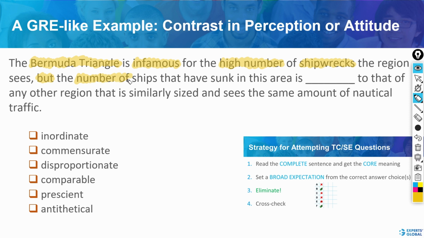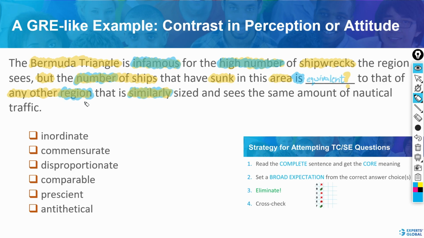The number of ships that have sunk in this area is something similar to that of any other region. So we see a contrast in perception here: the Bermuda Triangle is infamous for a higher number of accidents, but in reality, the number is something on the lines of equivalent to that of any other similar region.